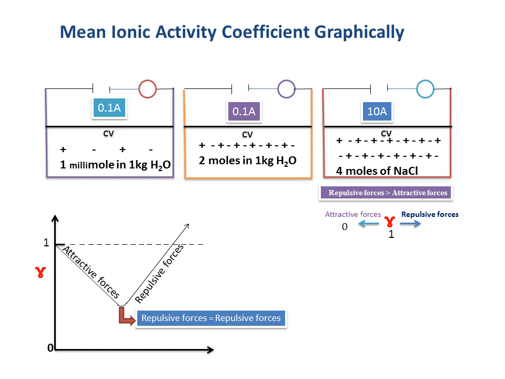So A will be less than C, and when we increase concentration further, a point is reached where gamma is minimum. When gamma is minimum, then at that point repulsive forces will be equal to attractive forces.